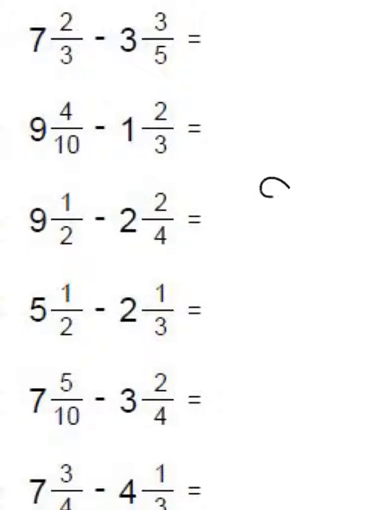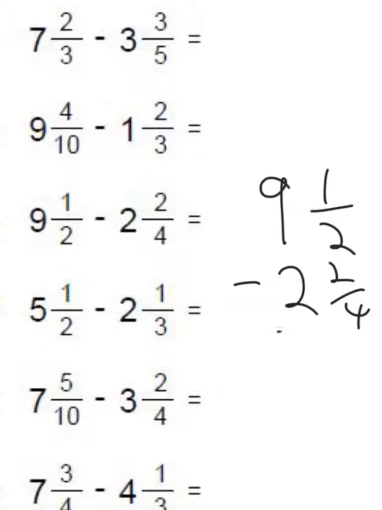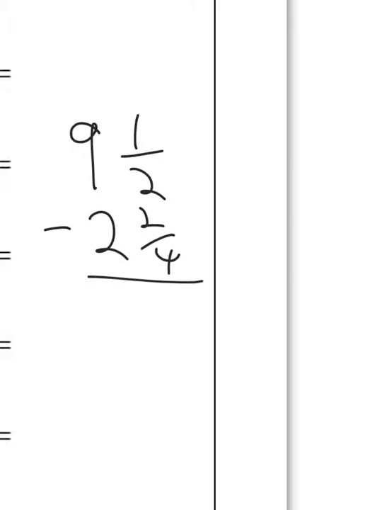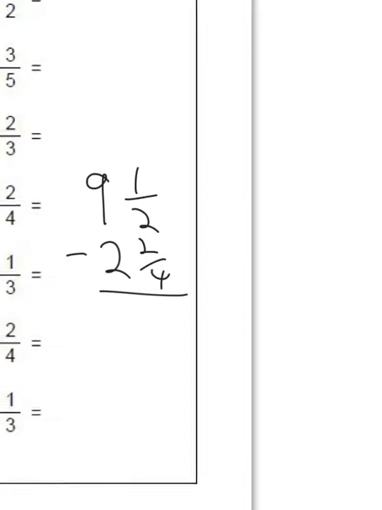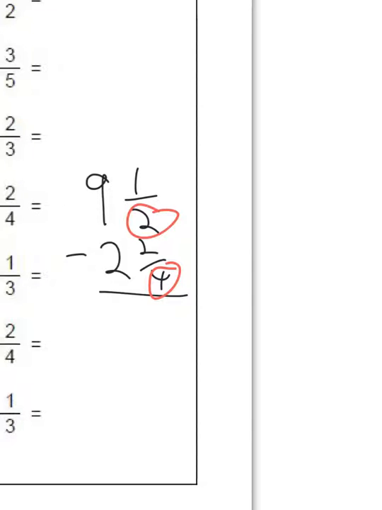So you have 9 and 1/2 minus 2 and 2/4. That's too big, so let me make it a little bit smaller. Can we go ahead and do this problem with these numbers like this?